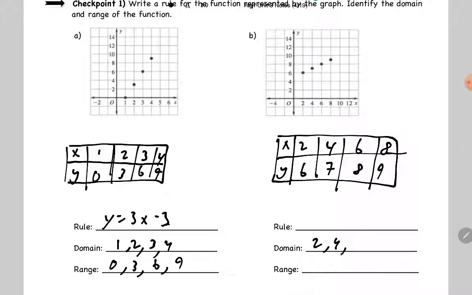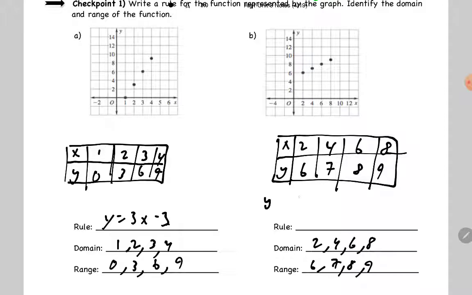So here we go, 2, 4, 6, 8 for our domain, 6, 7, 8, 9. So if I plug in 2, I get 6.